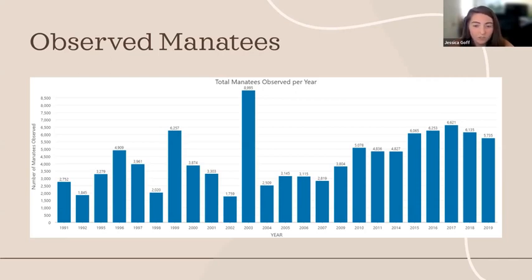I found this to skew my results, and therefore I needed to have my data not be dissolved, but instead exploded so that each point on the map represented one manatee. The best way I found to do this was to export the attribute table into Excel and run a code that would create new rows as many times as the value of the total number of manatees observed.